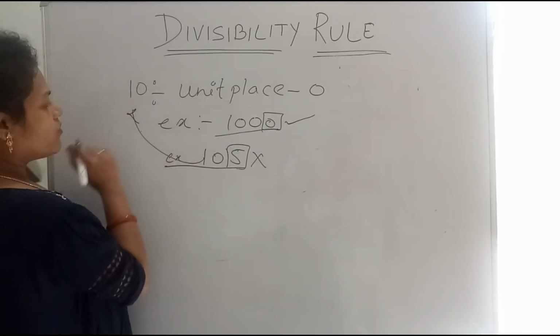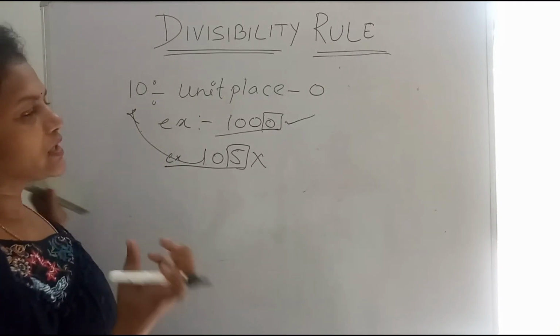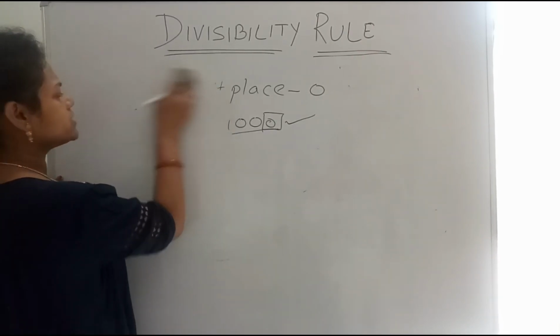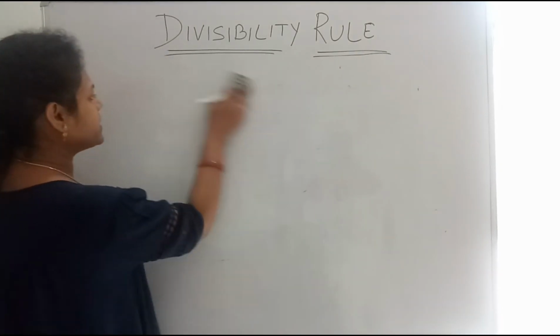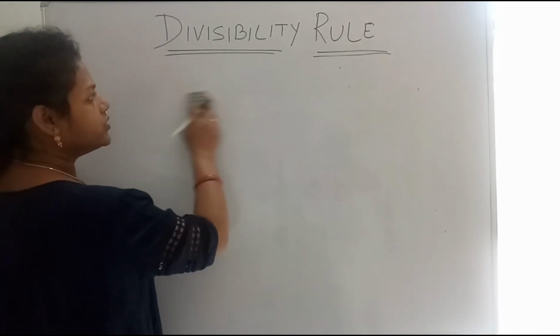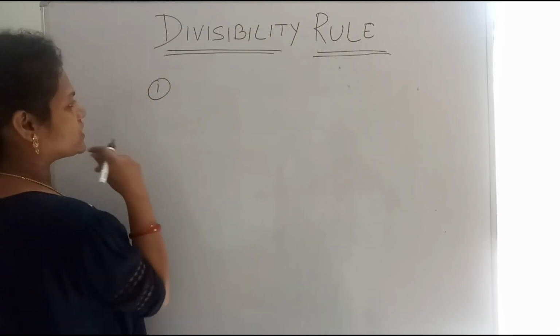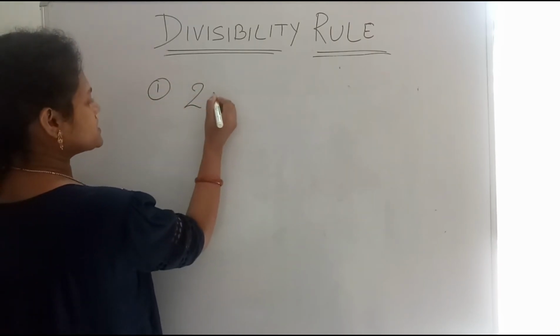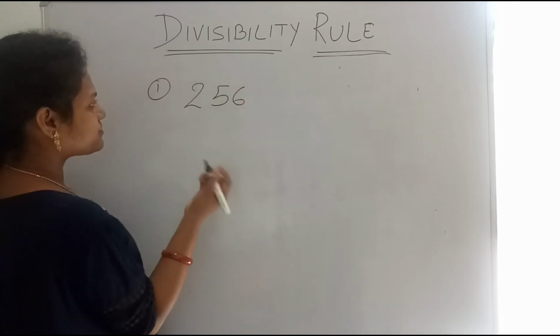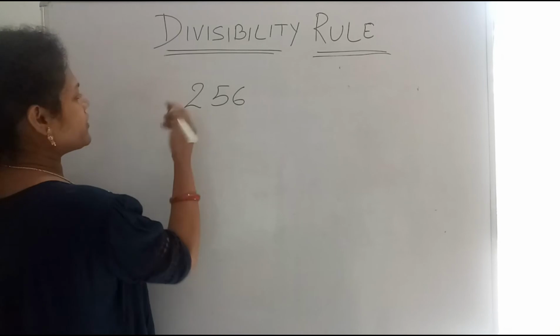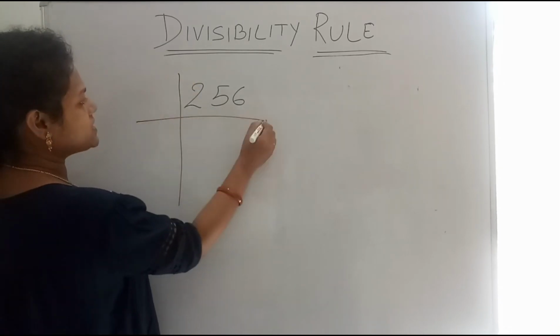Why am I telling this divisibility rule? Because whenever you have to check whether a particular number is divisible by another number, then you need this rule. For example, many students get confused when there is an example like 256 and the question is to find the LCM or HCF.